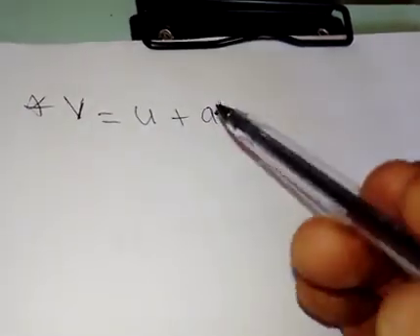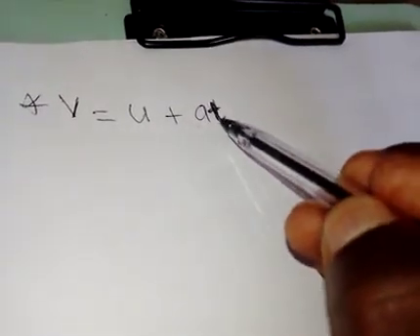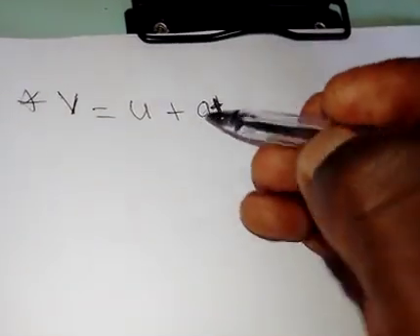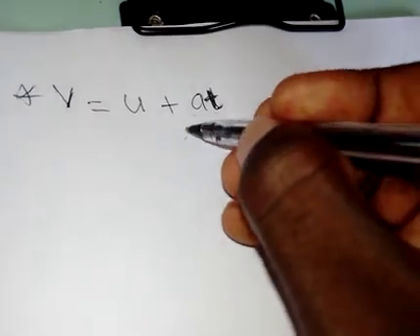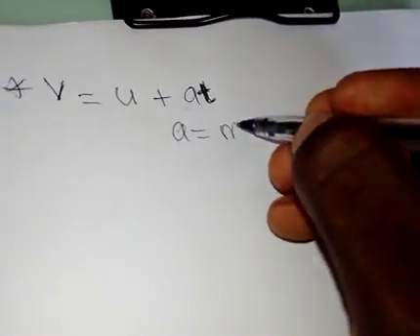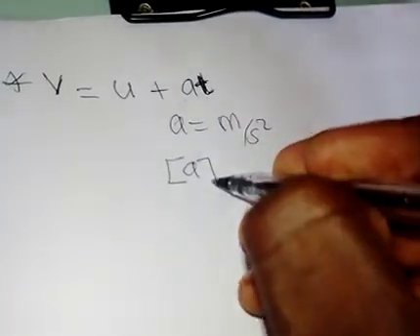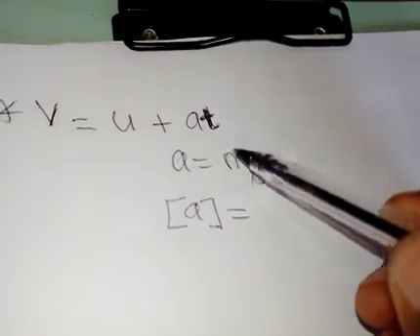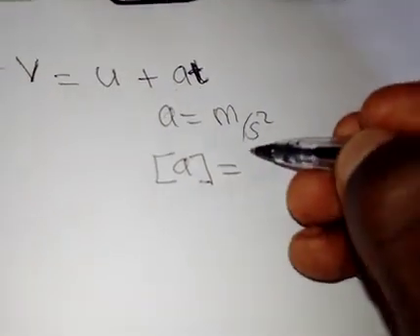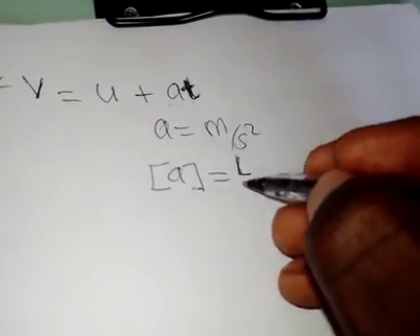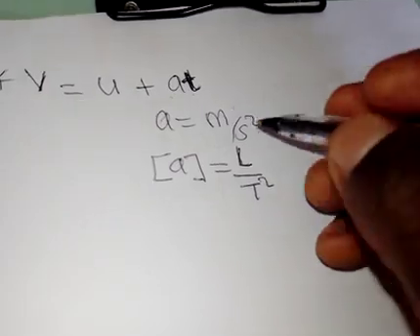For example, there we have acceleration and time. Acceleration is meter per second squared. Its dimensions: this is meter, that's length, so we use L, then time, so over T squared, second is time.